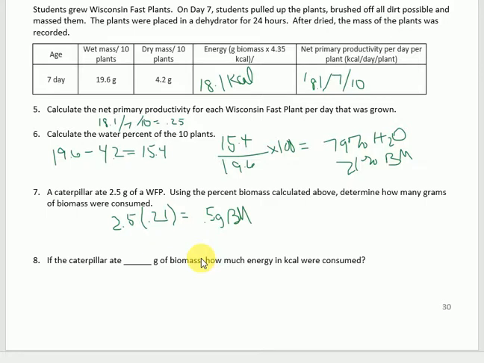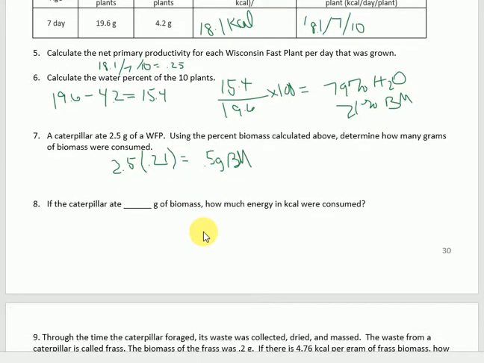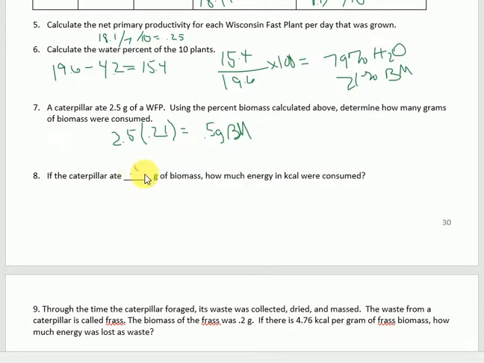If the caterpillar ate 0.5 grams of biomass, how much energy in kilocalories was consumed? We're going to take that 0.5 and use the formula they gave us up above, the 4.35 kilocalories, cross out our units, and that equals 2.2 kilocalories.